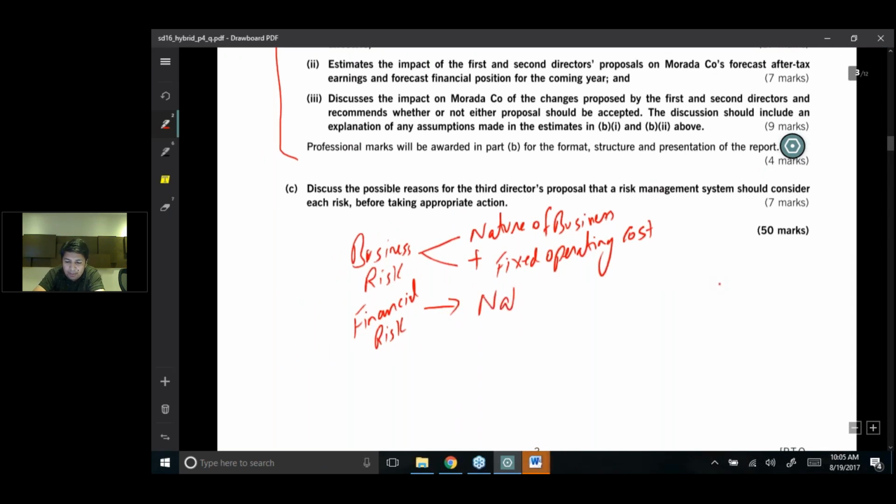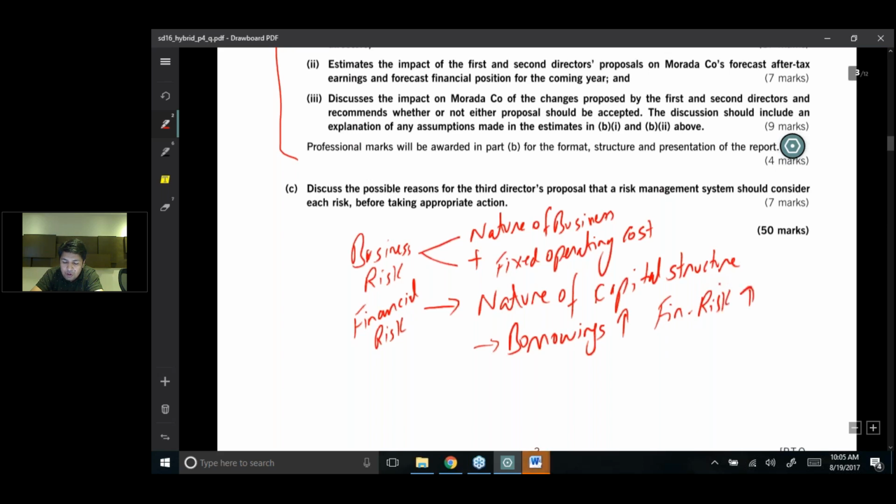Financial risk all depends upon the nature of capital structure. It depends upon the borrowings. If you have a high level of borrowings, definitely you will have a high level of financial risk. So financial risk will increase with the level of borrowing.